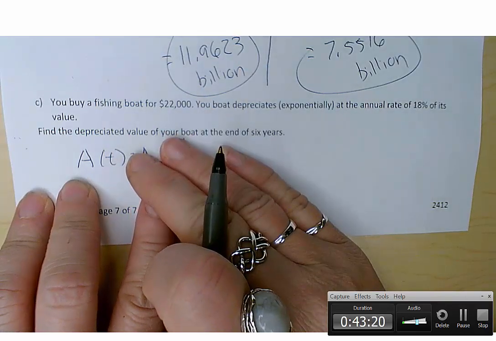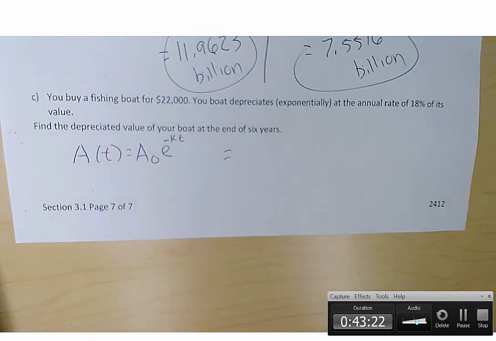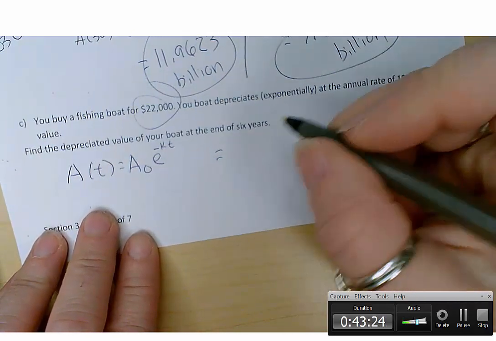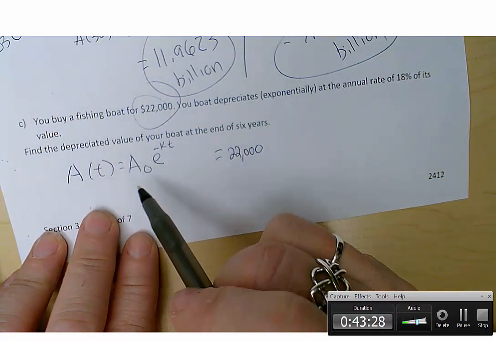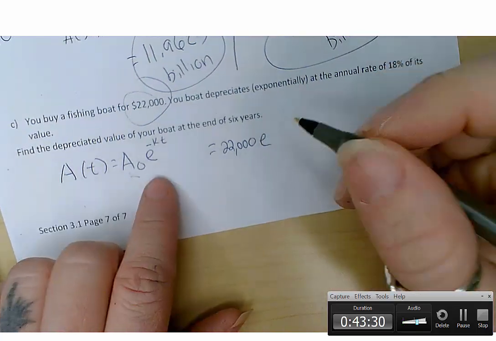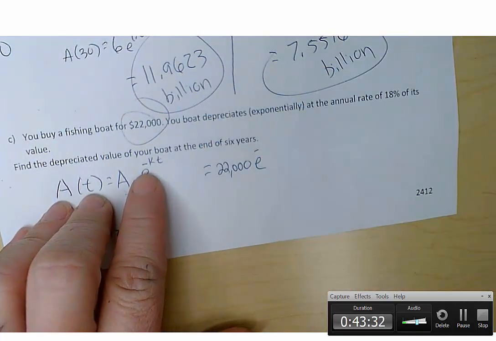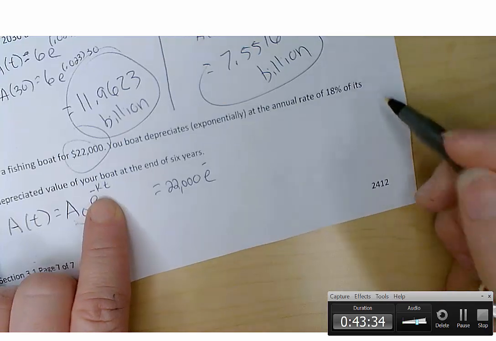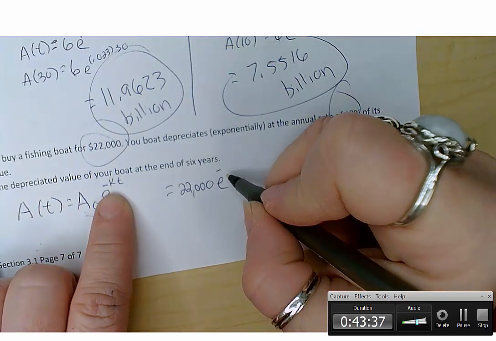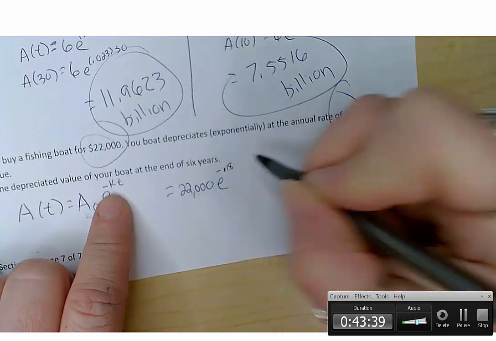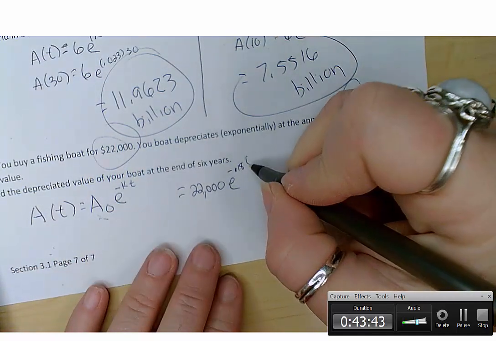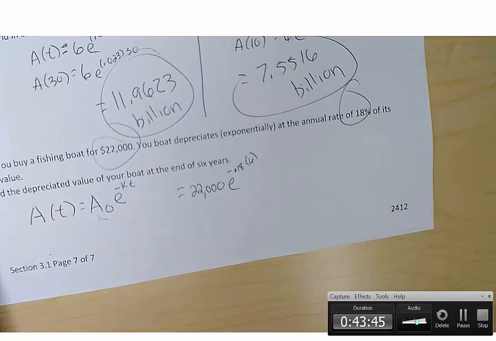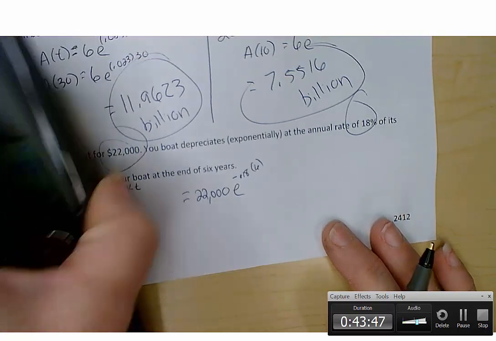In this instance, we're talking about how much a boat depreciates. So its initial purchase amount was $22,000. That's going to be our A sub 0 times e to the negative kt. It tells us that our k, 18%, as a decimal is going to be 0.18, times t, so the number of years. It wants to know how much it's going to depreciate after 6 years.